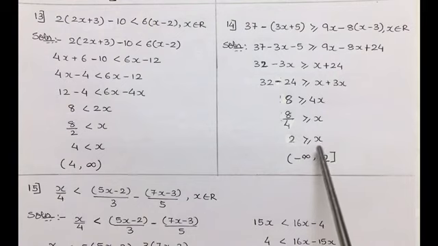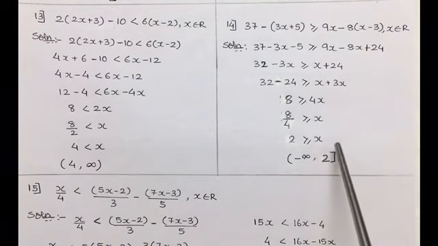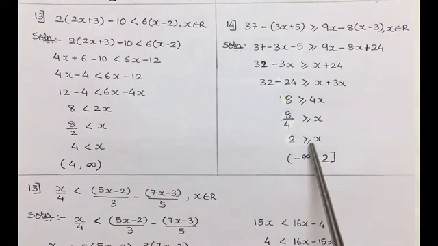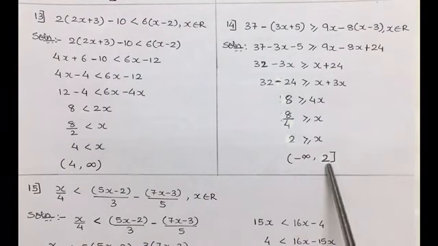That means x is less than or equal to 2. So if x is lying towards the left hand side of 2, it will take all the negative values till 2. 2 will be included here as equality sign is there. So the final solution becomes minus infinity to 2 close.